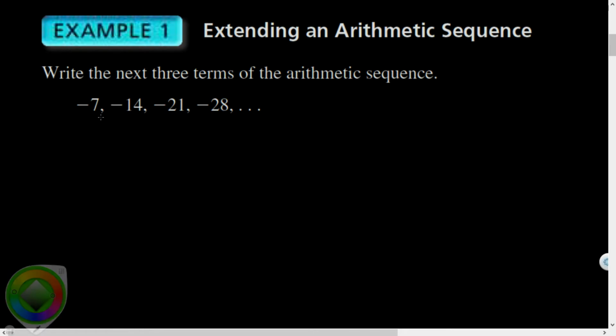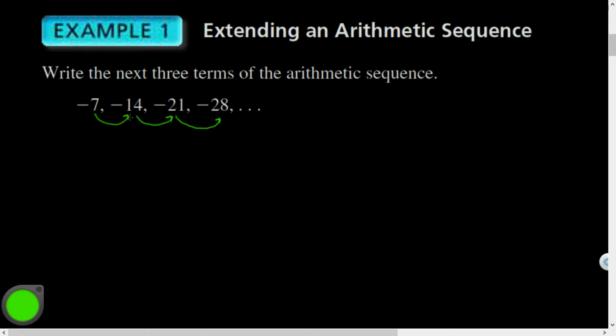First of all, I've got to figure out what the common difference is. How can I find out what I am growing by constantly each time? I actually have to make sure that this is arithmetic. I have to make sure that there is a common difference between these points in order for my detection of a pattern and application of that pattern to even work.